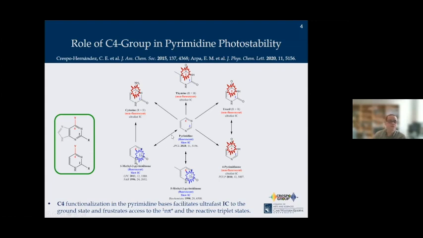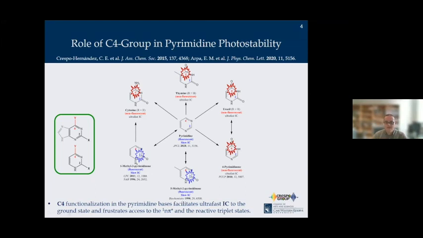So, of course, you would not like to have the pyrimidine or these pyrimidones incorporated in DNA, because they can act as a photosensitizer. So that's the fundamental knowledge. Of course, in DNA there's not only the photostability, but also the hydrogen bonding.